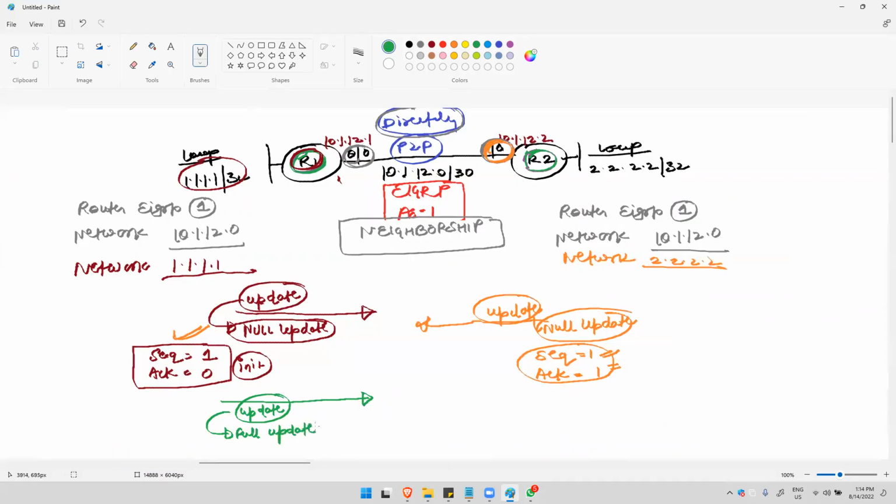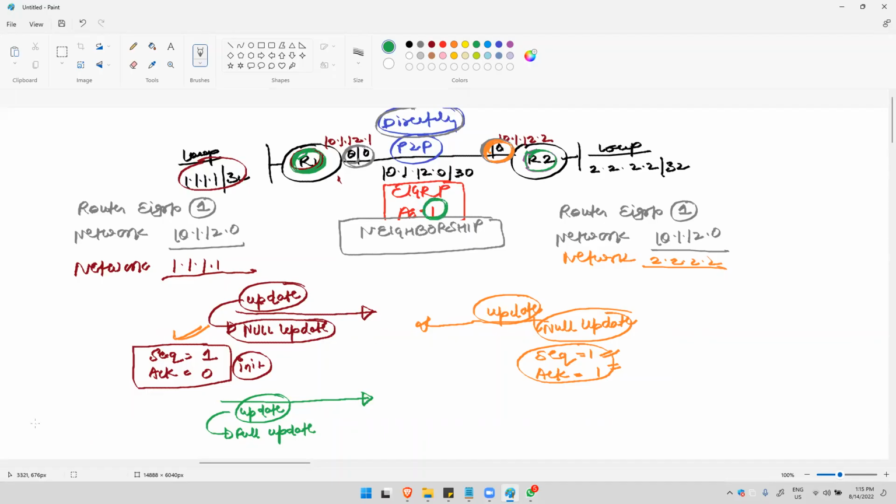But now I am sending which update? Full update. Full update means R1 sends network information, directly or indirectly? Only indirectly, because the direct network is already available in the routing table. So for R2, which network is indirect, the loopback 1.1.1.1? R1 says, brother, we are sitting in the same AS or a different AS? The same AS.